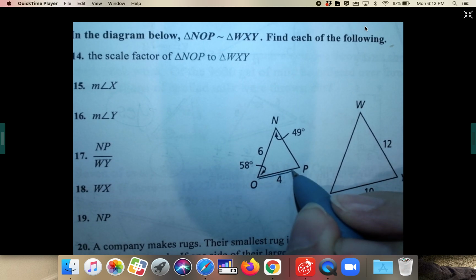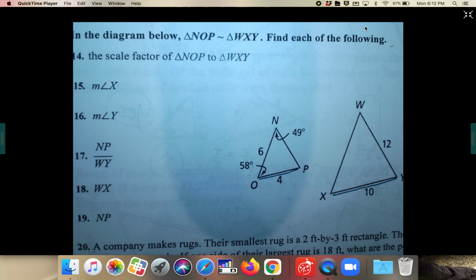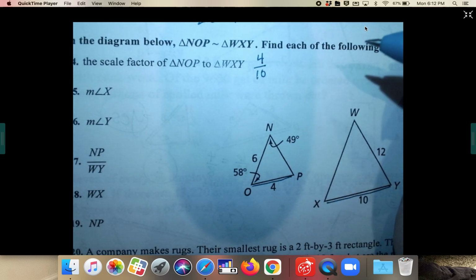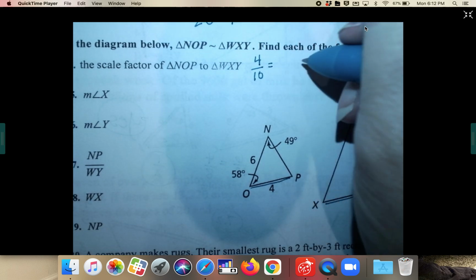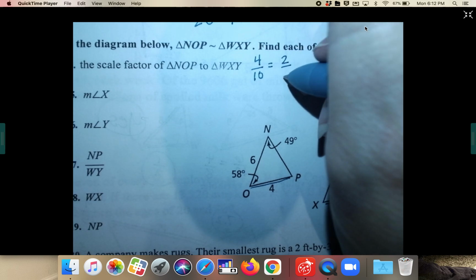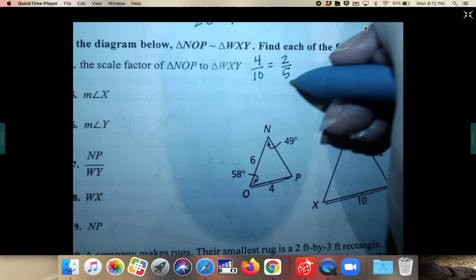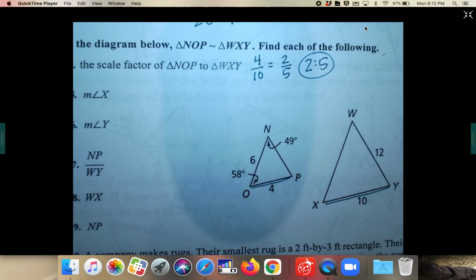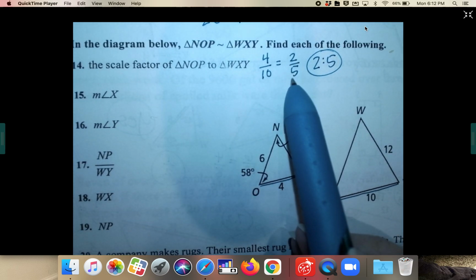I'm going to go 4 to 10. So if that is 4 to 10, always simplify your ratio if you can. You can divide both sides, or top and bottom, by 2, which would be 2/5. So you can either write it as a fraction or you can write it like this. 2 to 5 is the ratio. That's the scale factor, 2/5.